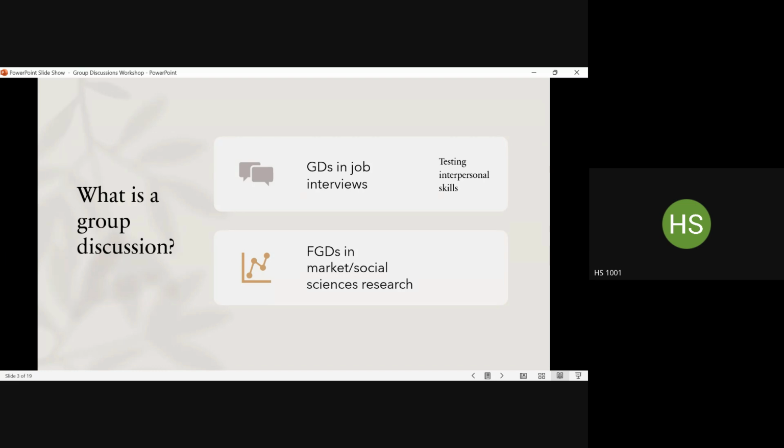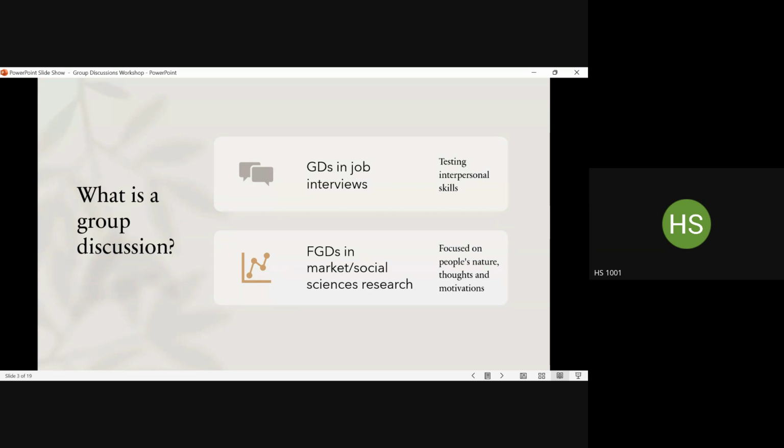A focused group discussion is a research tool, whereas the kind of group discussions that we will be considering today is a hiring tool. It is a tool very much like an interview. And this hiring tool tries to analyze how well you function in a group. Whereas the research tool tries to find the motivations behind people's actions.